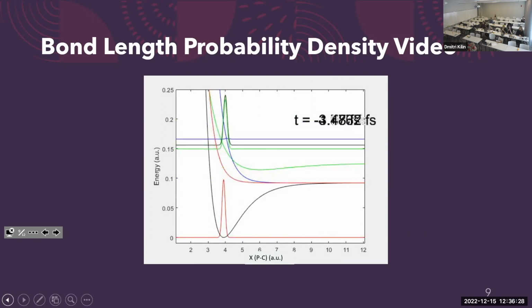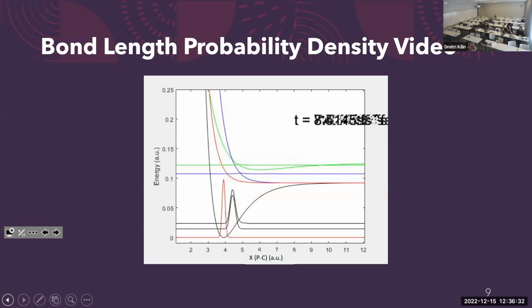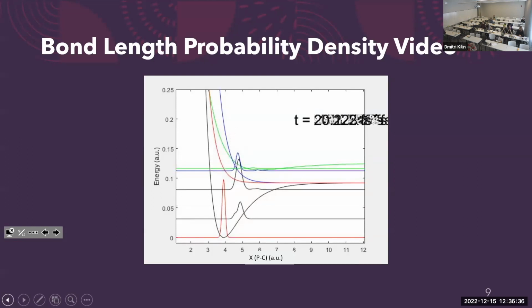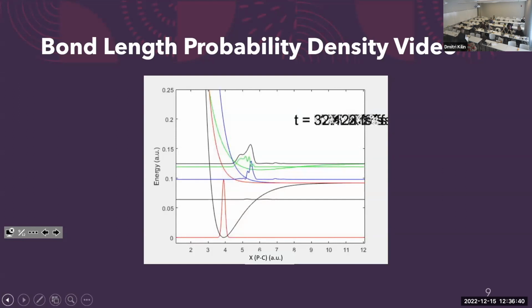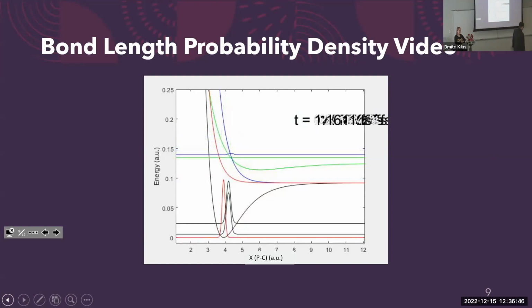So in an actual physical experiment, I would translate that to pulses, or a duration of light on the molecules.